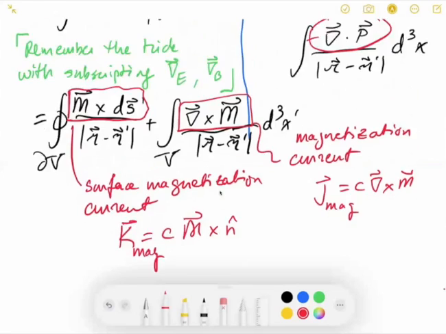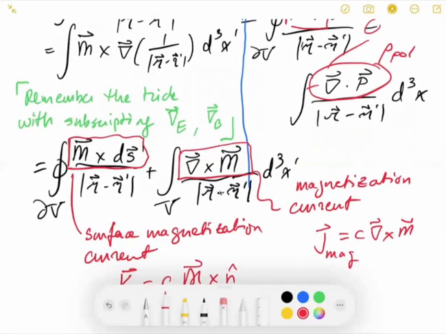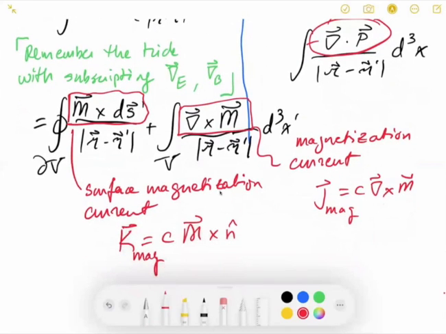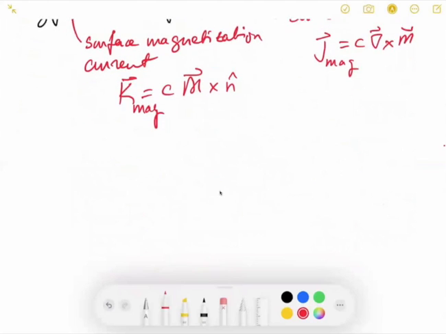So the procedure is very much the same, but because there are cross products all over the place, it becomes a little bit more messy.